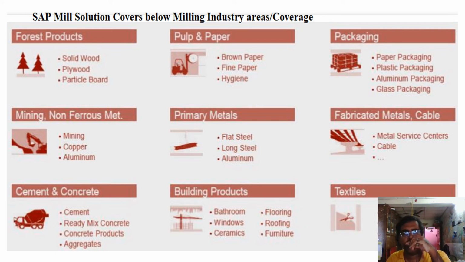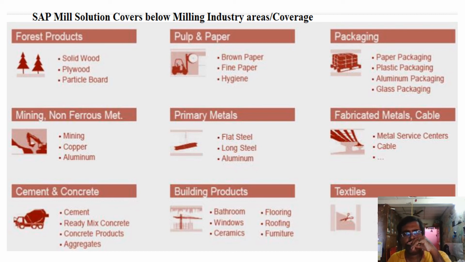Then we have the pulp and paper industry, where brown paper, fine paper, and hygiene products can be manufactured. Coming to the packaging industry, SAP S/4HANA with mill solution will cover paper packaging, plastic packaging, aluminum packaging, and glass packaging.